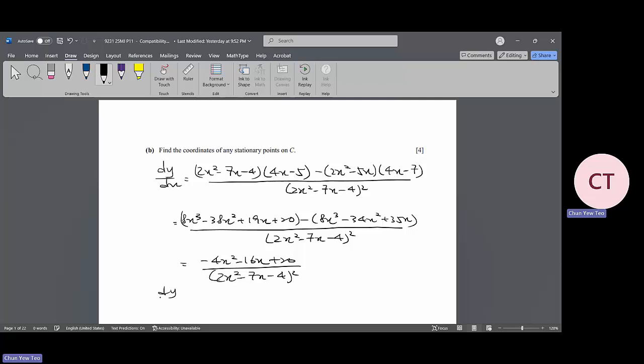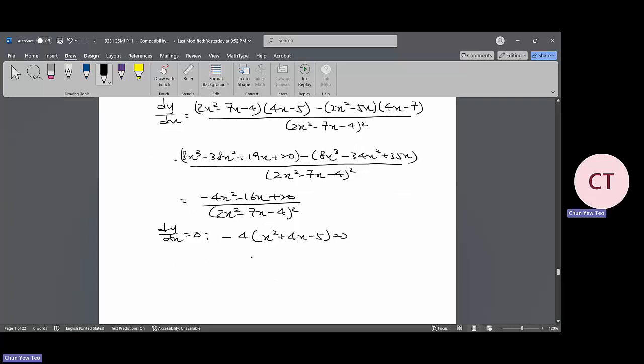So for your dy/dx equal to 0, you just take the negative 4 out. Okay, then factorize it. You have x plus 5 and x minus 1. So your x is negative 5 and your x is 1.